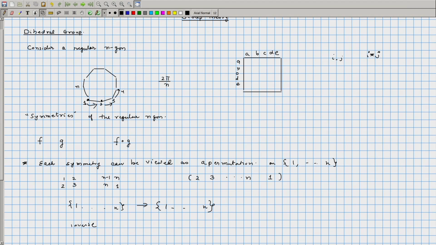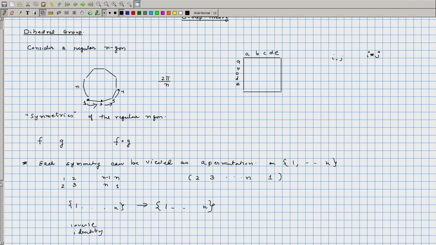So, you are basically reversing, if 1 went to n, look at the permutation which sends n to 1, and the symmetry corresponding to that is the inverse of the symmetry that we are interested in, and the permutation which maps every element to itself, or the identity map, will serve as the identity. Okay. So, inverse and identity properties that are required of the groups, we have checked those as well. Okay. So, these form a group.